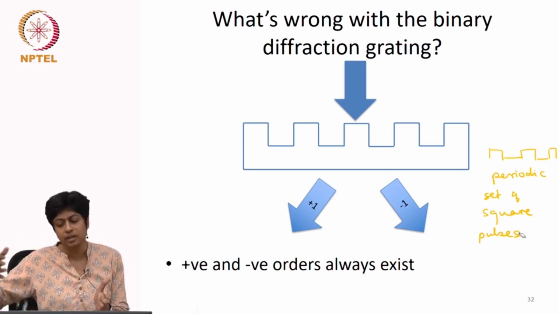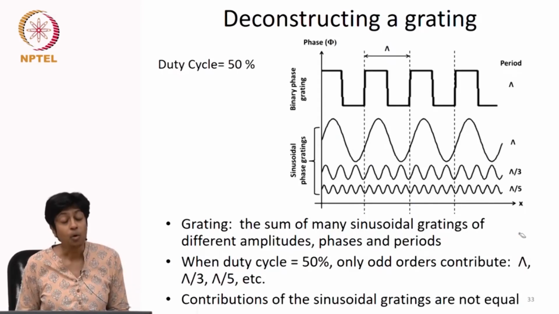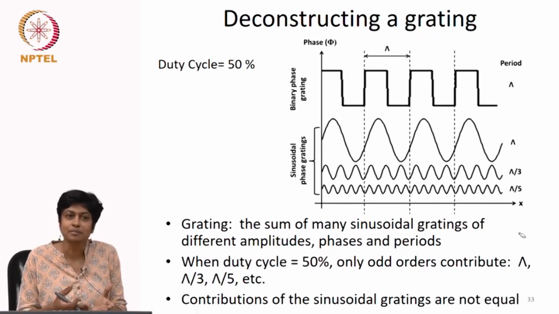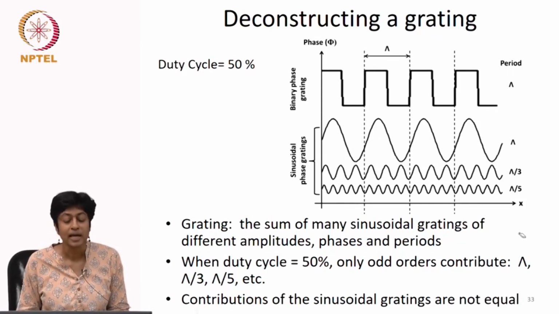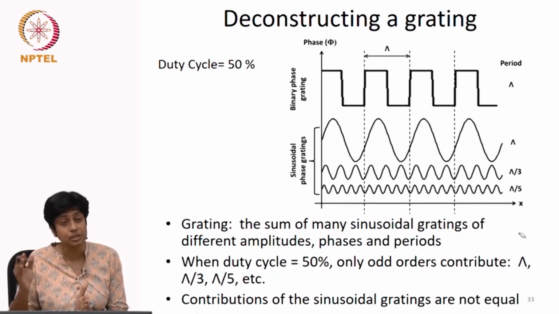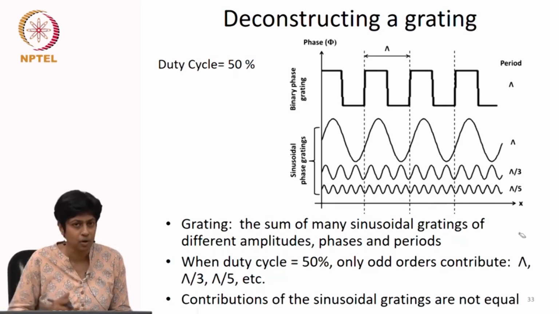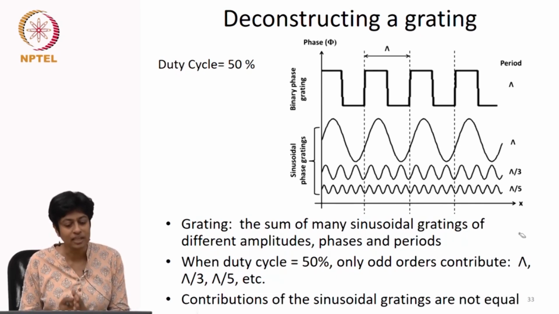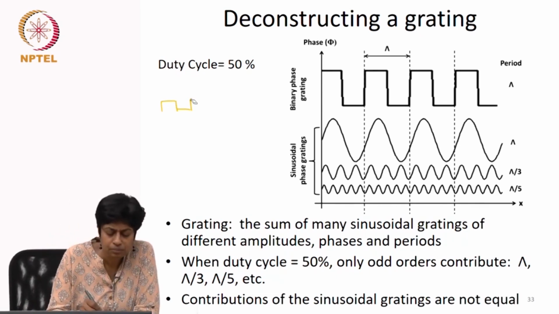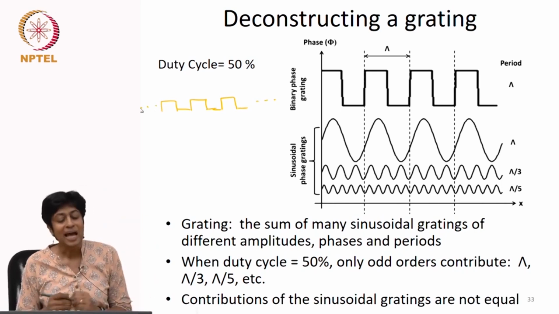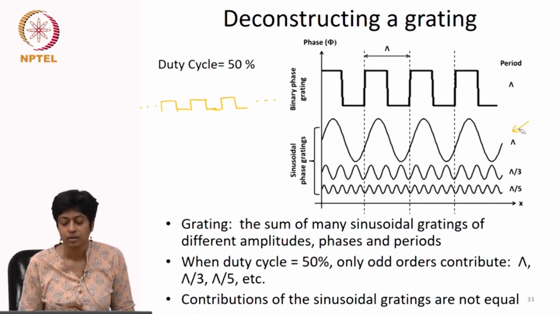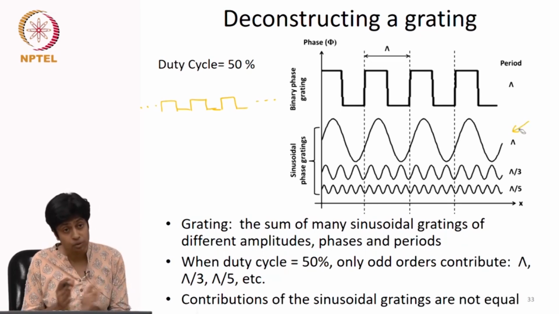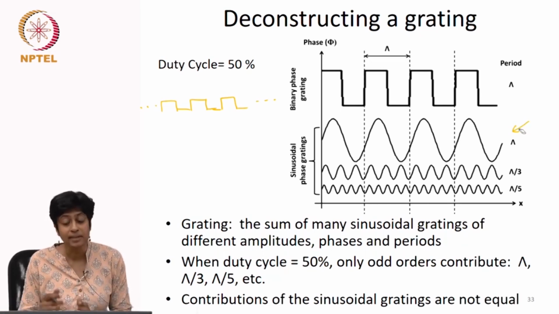If I thought of this as a periodic set of square pulses, what would the harmonics be that are required to create this periodic set of square pulses? And you'll see, if you have a 50% duty cycle, you have a number of harmonics that are present. In fact, all the odd harmonics are present. So you can think of your periodic set of pulses as being the sum of a different set of harmonics of different amplitude, of different frequencies. When I add them up together, they give me this.